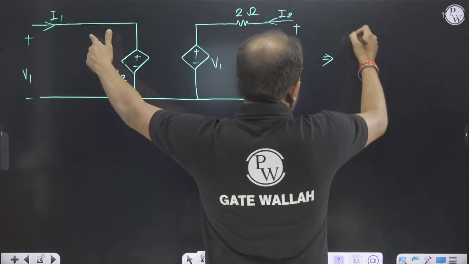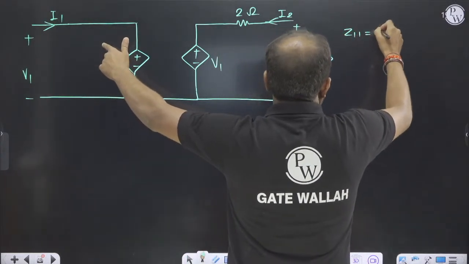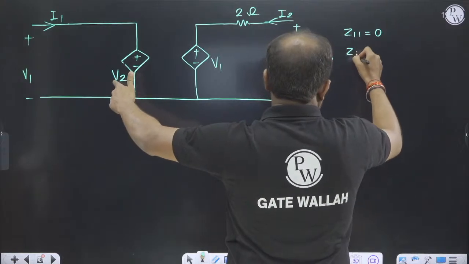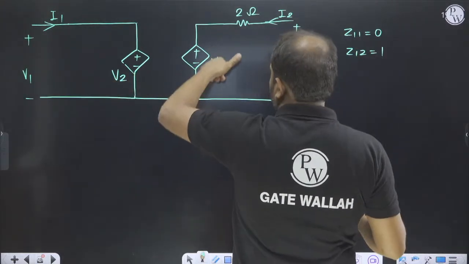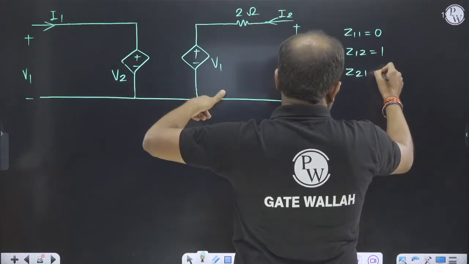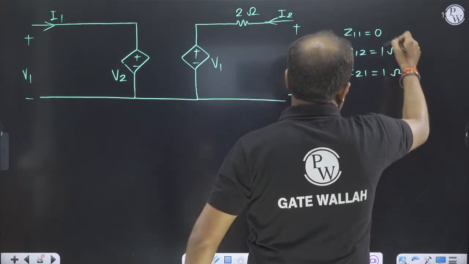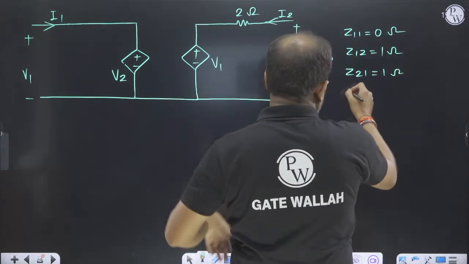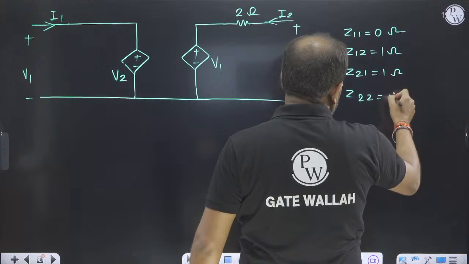In this case, Z11 is 0, Z12 is equal to 1, Z21 is equal to 1, and Z22 is equal to 2 ohm.